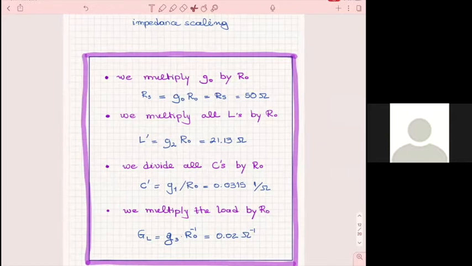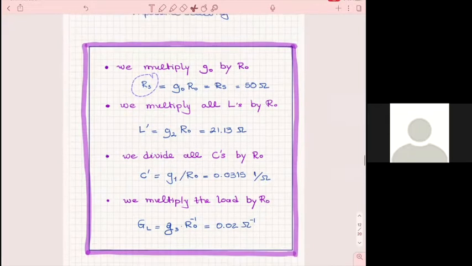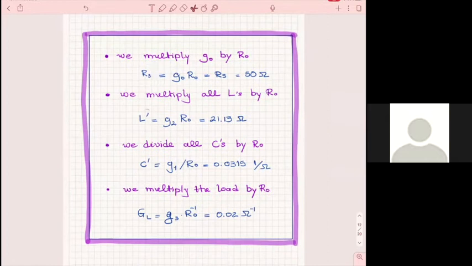So every resistor you have, which is usually your source resistor or your source impedance, here in the prototype, all impedances of the source are considered to be real. And as a matter of fact, we always make R sub S to be R sub naught, which is 50 ohms. Remember that. Then we multiply all of the inductors by this R sub naught.